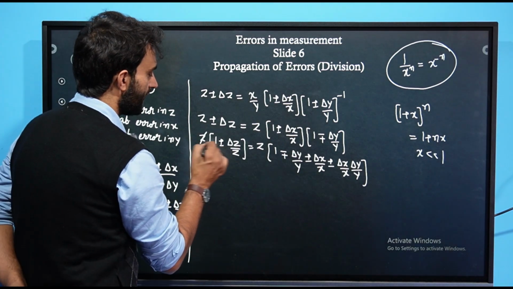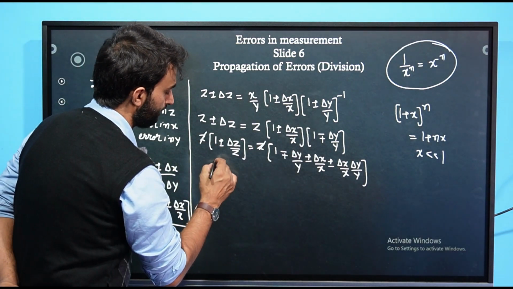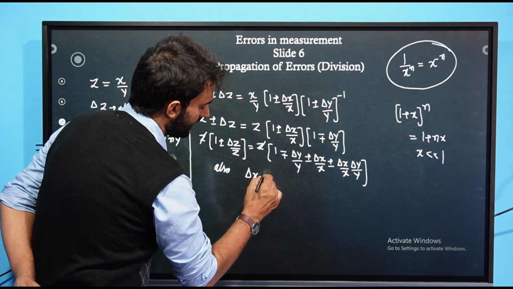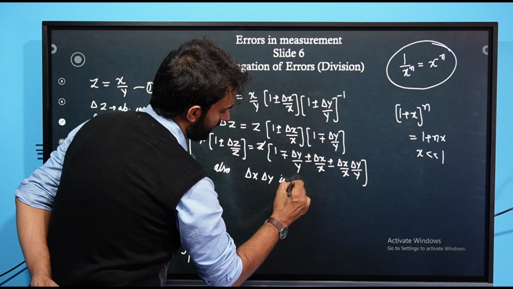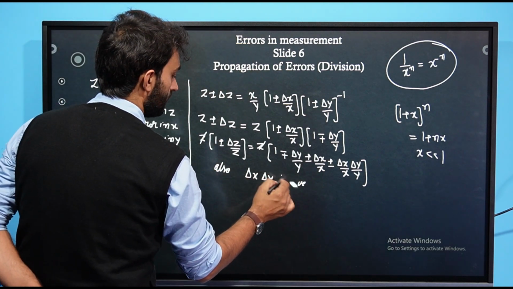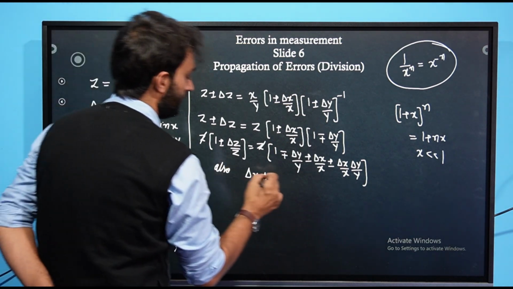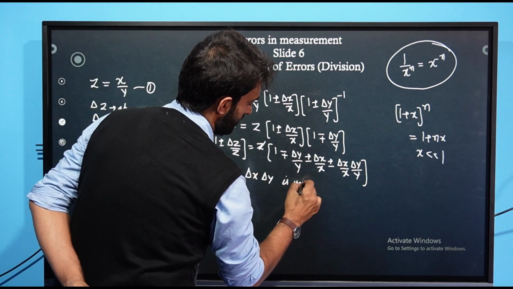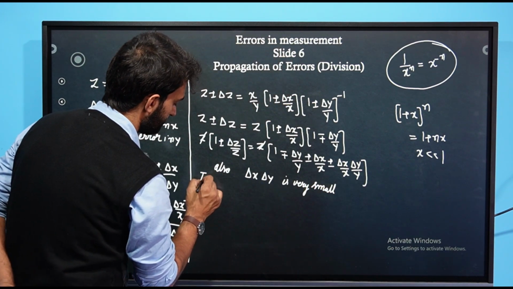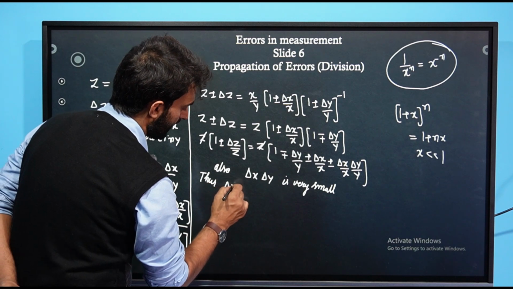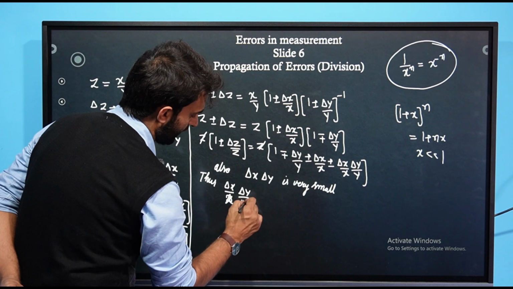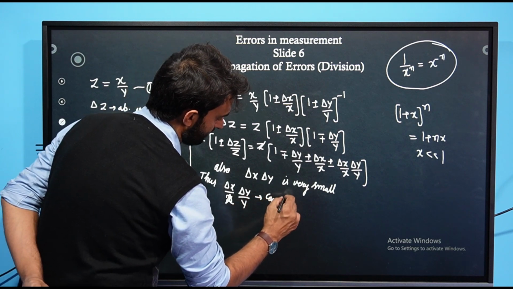Okay, so this z gets cancelled out with this z, and also this delta x delta y is very small, thus delta x by x multiplied by delta y by y can be neglected.